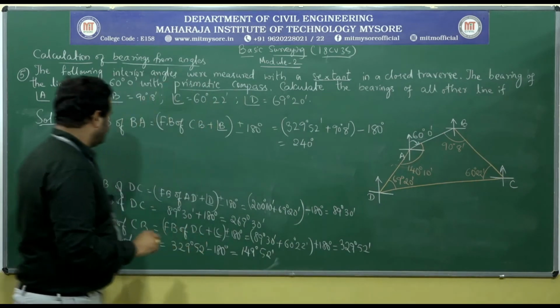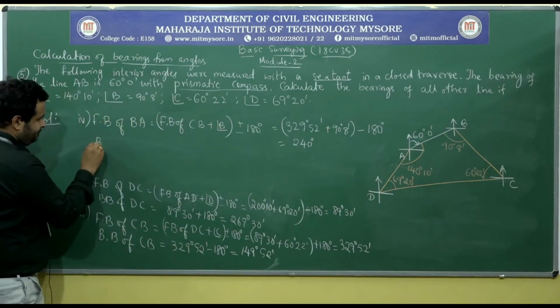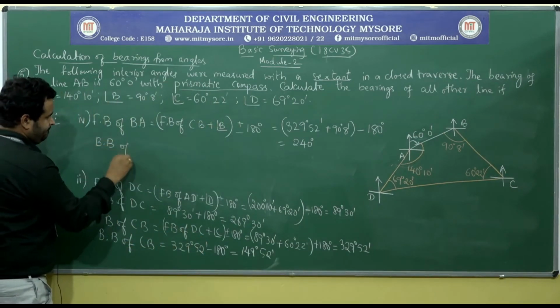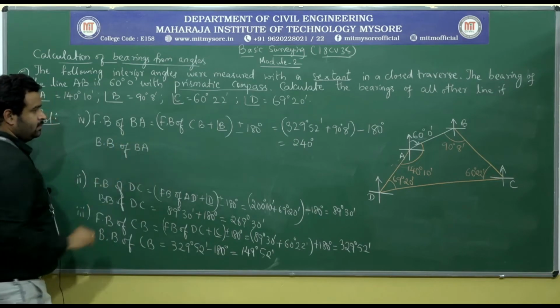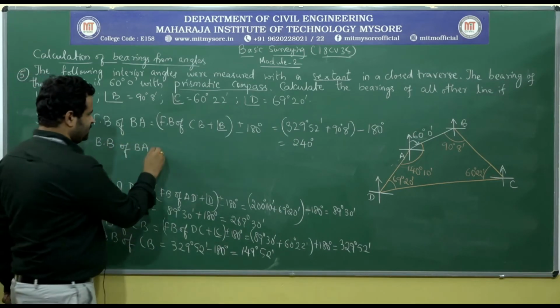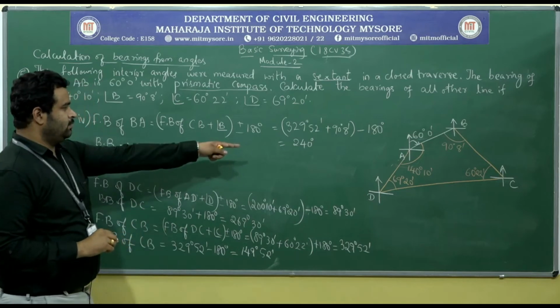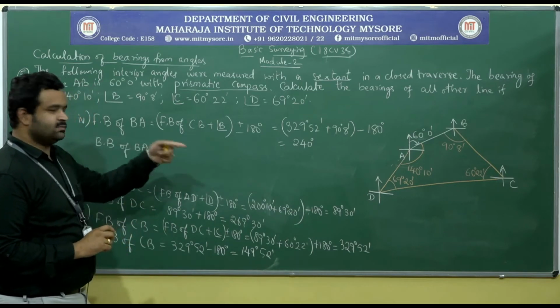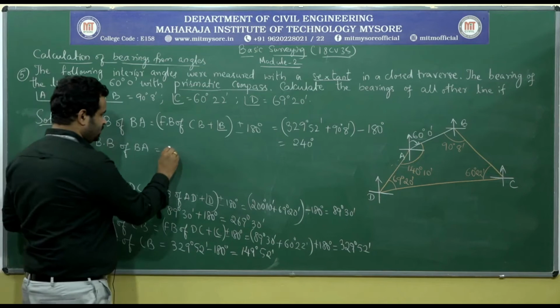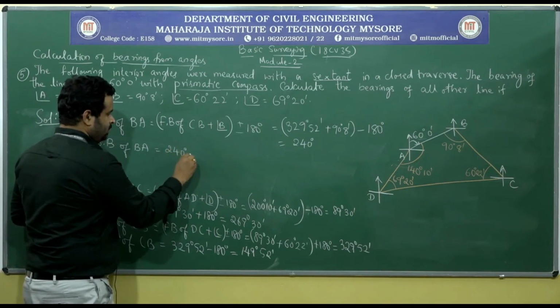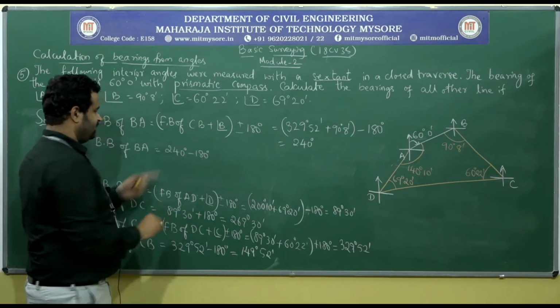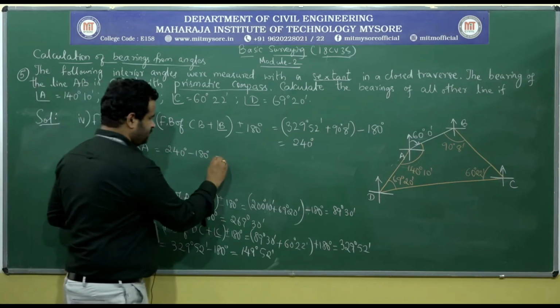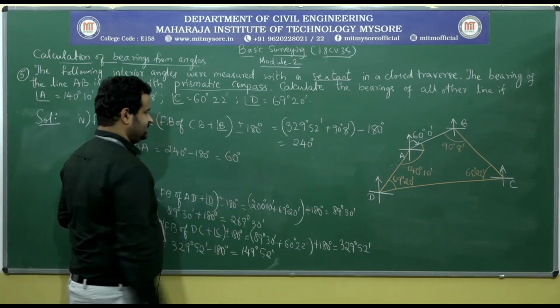Now if you calculate the back bearing of BA, the forebearing is 240. Since it is more than 180, you should deduct 180 degrees from the obtained value, which is equal to 60 degrees.